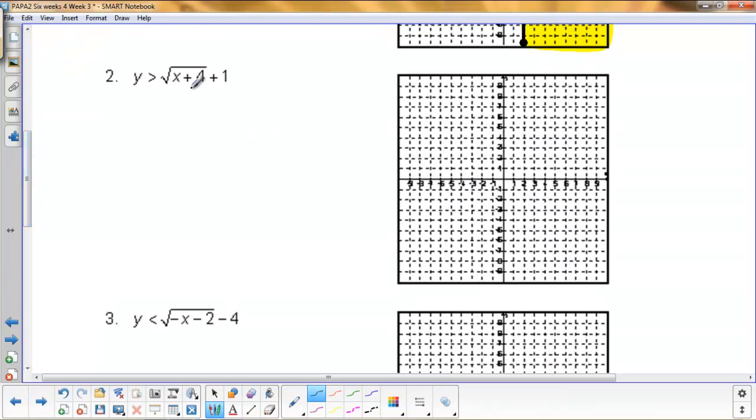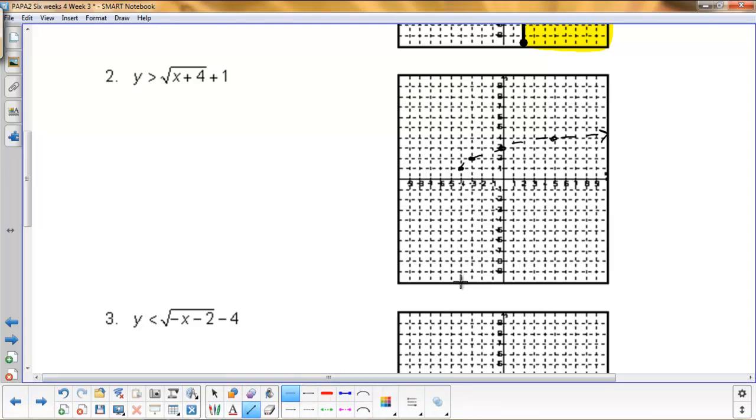Alright, we'll try this again. Now we're going to transform this left 4 and up 1. There's no stretch or compress, so our critical values are going to be these. Now because it's greater than, we are going to have a dotted line for both the function and its boundary.